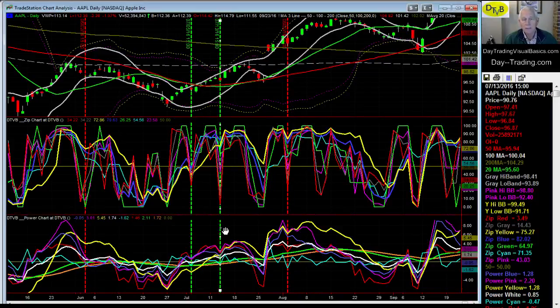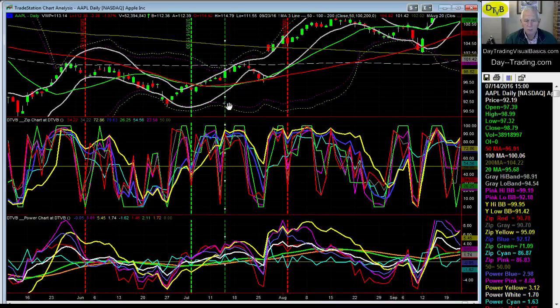Zip Yellow can be down in the 20s, but the general rule is yellow above 50 and red under 50 in a red spike, and just the opposite in a red peak. But that being said, the red spike is a next day up pattern, and it also is fairly significant.